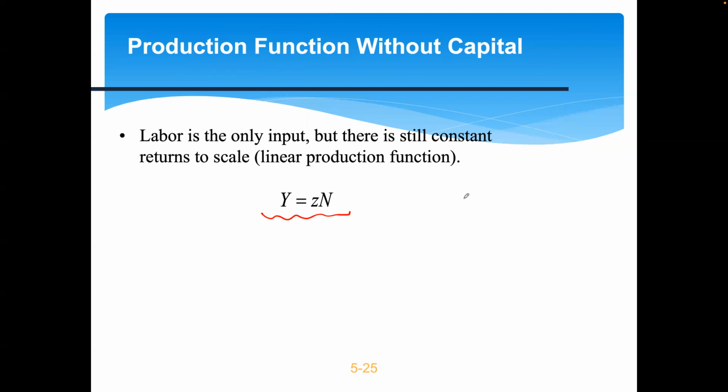Certainly we can have a production function like the one we had before, like Z times K raised to the power 0.36 and N to the 0.64, if you remember. So this is what we discussed when we explained what TFP is.